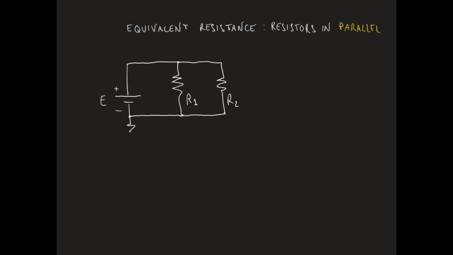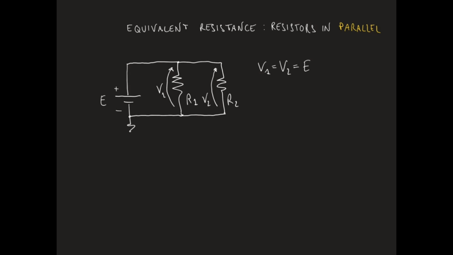As I said, the three components are in parallel, so the voltage V1 across the resistor R1 and the voltage V2 across the resistor R2 are both equal to E. This, as we know, is a consequence of the second Kirchhoff's law.